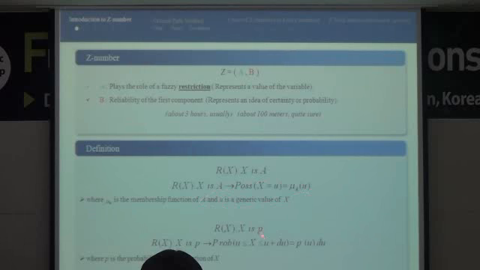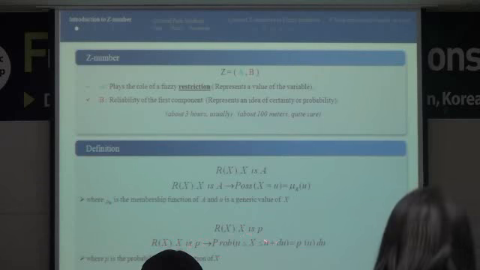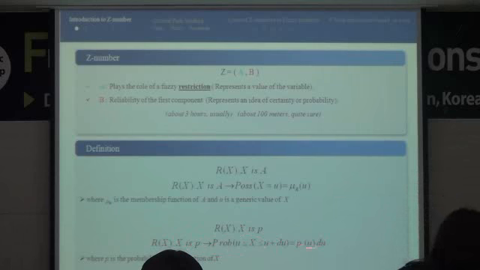And when X is a random variable, the restriction on X is P, and its probability is equal to PU.